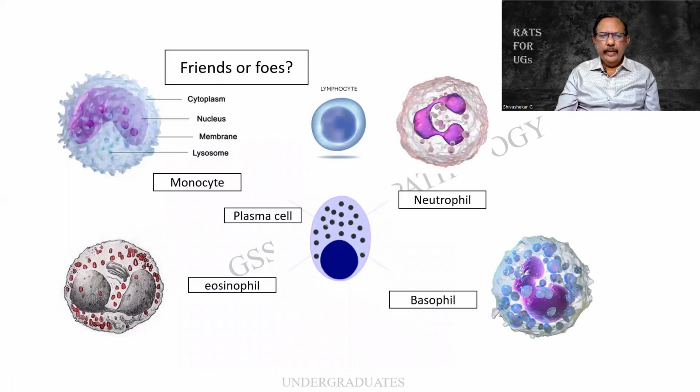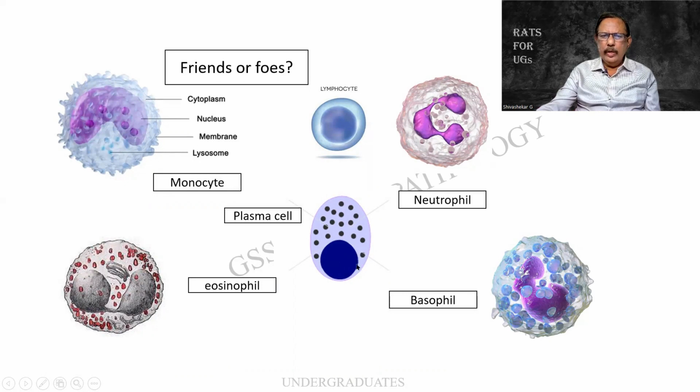Friends or foes? We say that there are various chemical mediators which are produced by the cells. These cells, let us at least understand diagrammatically, the largest one being the macrophage. It has ruffled ends because it is active and aggressive against inflammation. The eosinophil, more than a binucleated structure, can be identified by brick red granules.